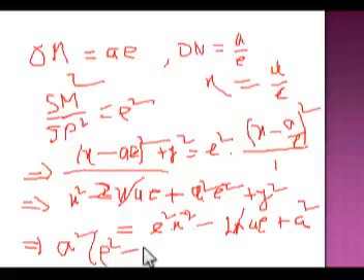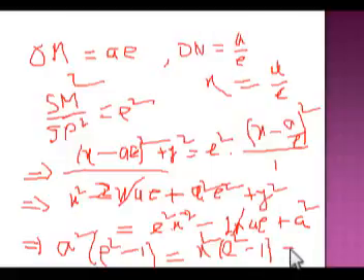minus 1, and on the right hand side we will get x square, e square minus 1, plus y square. Then I have to just divide all the terms by a square multiplied by e square minus 1.